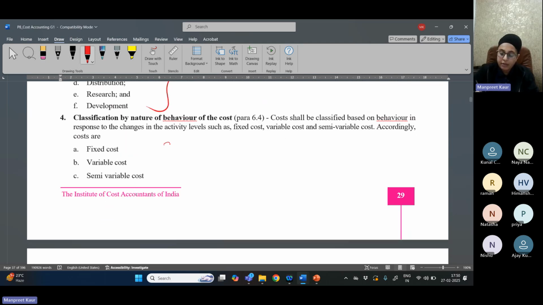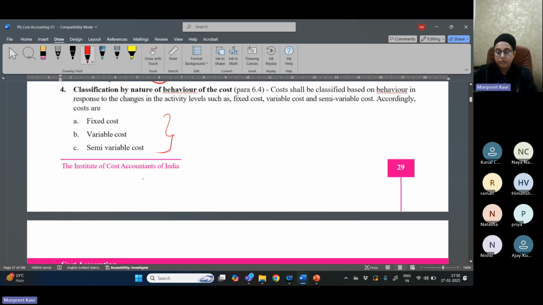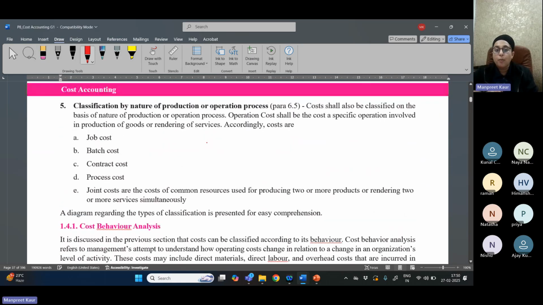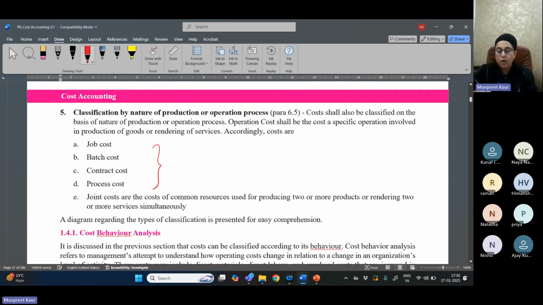On the basis of behavior, fixed cost, variable cost, and semi-variable cost. We will also discuss on the basis of operation process, job cost, batch cost, contract cost, process cost, and joint cost. These are the different chapters which we will discuss, which are in your syllabus.